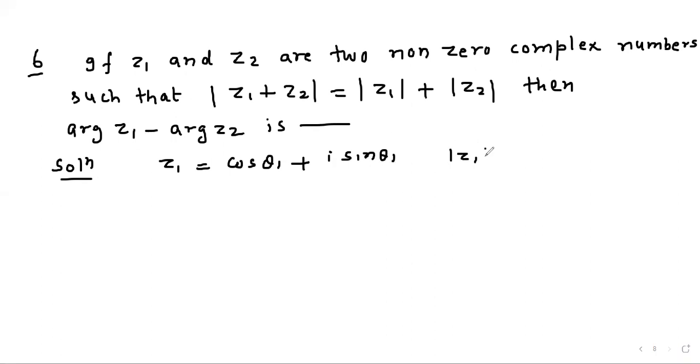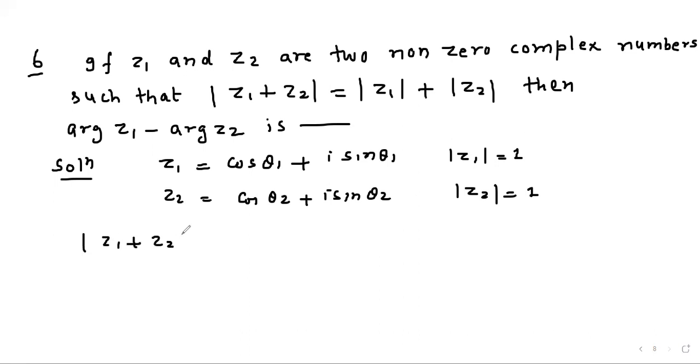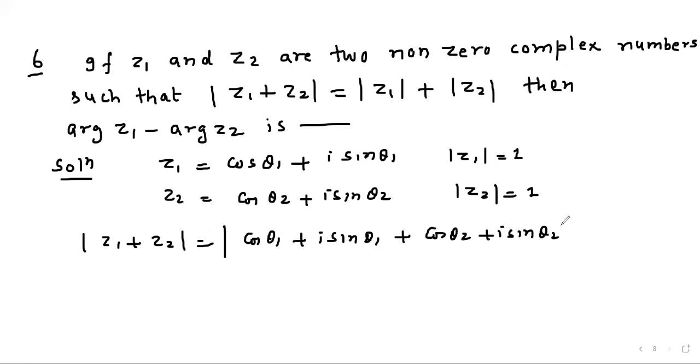Here modulus z1 is taken as unity. Similarly, z2 equals cos theta 2 plus iota sine theta 2. We also take modulus z2 equal to 1. Now we consider modulus z1 plus z2. That is modulus of cos theta 1 plus iota sine theta 1 plus cos theta 2 plus iota sine theta 2.